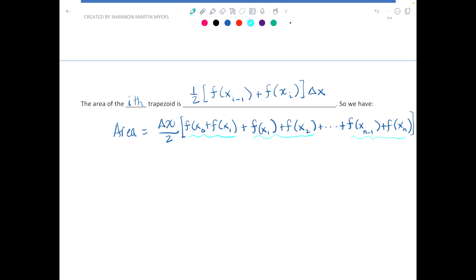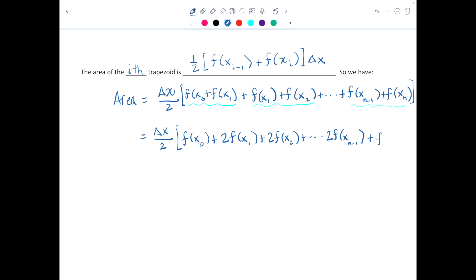All right, so here's what'll shake out. We'll end up getting our delta x over 2 times f at x0 plus 2 f at x1s plus 2 f at x2s plus dot dot dot 2 f at x sub n minus 1s plus f at xn.